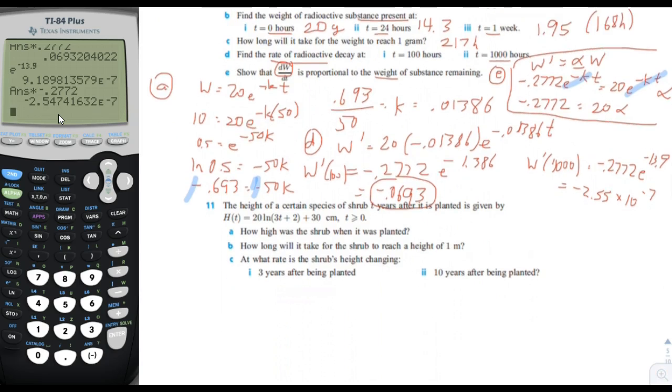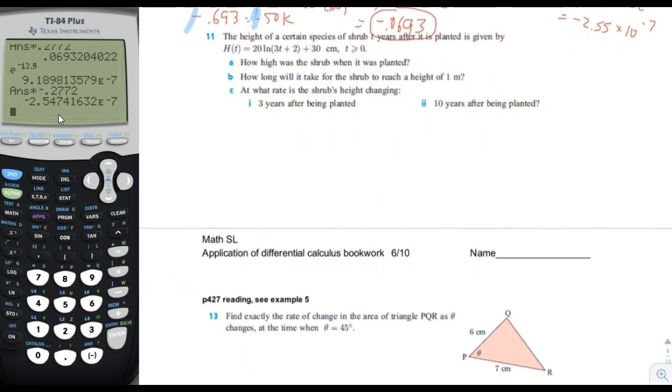Okay. Last one, 11. The height of a certain species of shrub, T years after it's planted, is given by, and then there's this H function here. Got a log in it and everything. How high was the shrub when it was planted? So basically what they're asking for is, what was the height at time equals 0? So that would be 20 times the log of, and 3t would just be 0, the log of 2, plus 30.